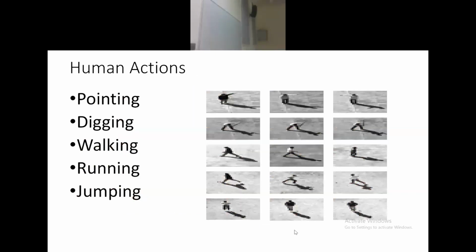The third problem is a very standard one, which we had earlier: identifying human actions and emotions. This in particular is a benchmark data set, freely available, where the challenge is to identify actions like pointing, digging, walking, running, etc. But as you can see here, the camera is far away from the objects.